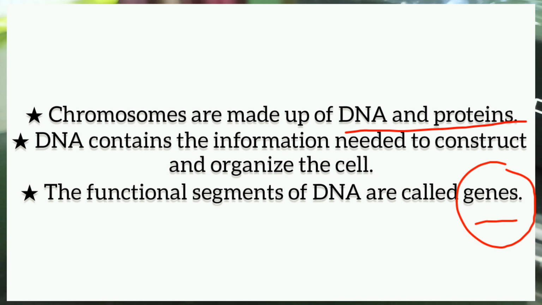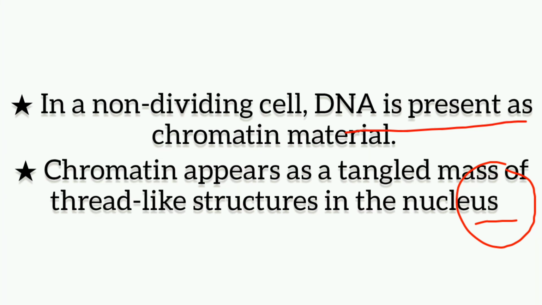So what are genes? Genes are the functional segments of DNA which carry the necessary information for the construction and organization of the cell, or which carry the hereditary information from parents to the next generation. And in a non-dividing cell, the chromosome and DNA are present as chromatin material.